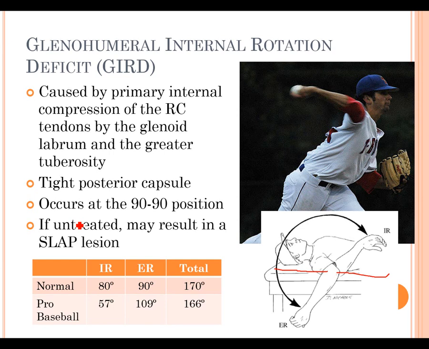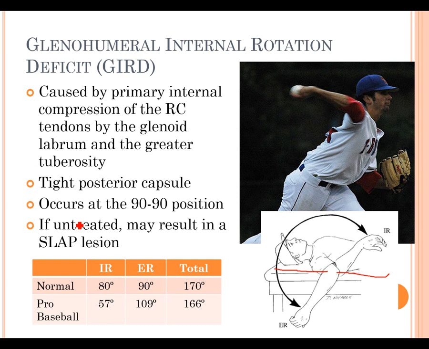Then we measure their throwing arm, and we see 120 degrees of external rotation and 50 degrees of internal rotation to give us the 170. So obviously a lot more external than internal. That may not actually be a problem because both arms have a total range of 170 degrees. The throwing arm is going to have more external, less internal, but it still has the same overall range of motion.